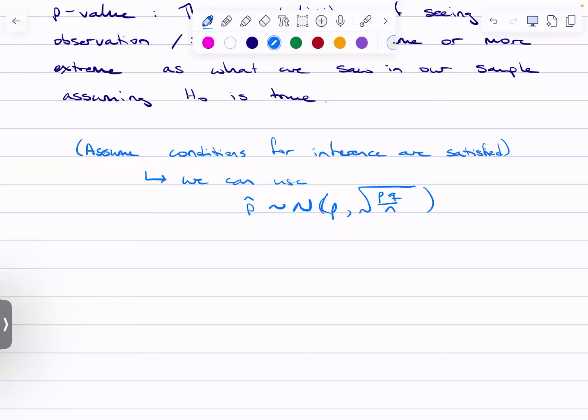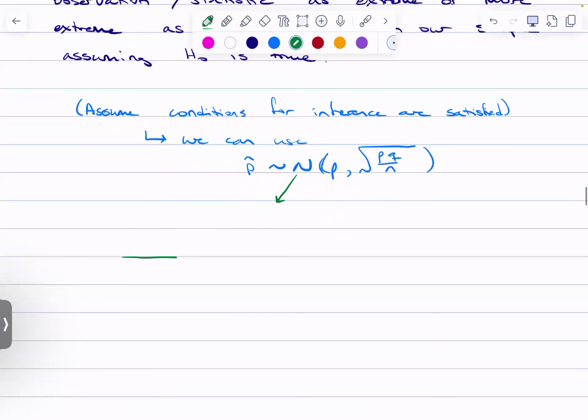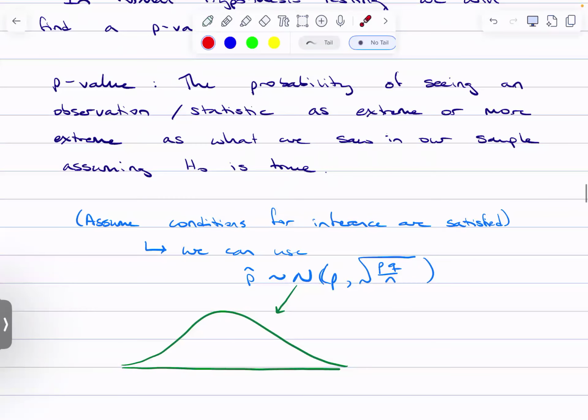Now from here, what the normal distribution says, if we have a normal distribution, then remember a probability is an area under the curve.